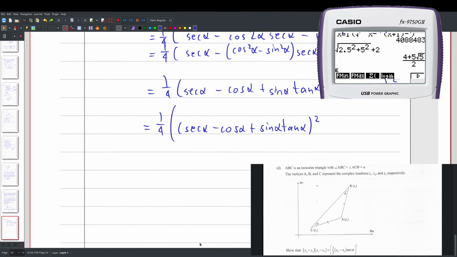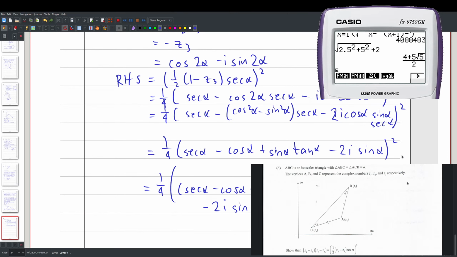So you go minus 2 sine alpha squared, right? And then minus 2I sine alpha sec alpha minus cos alpha plus sine alpha tan alpha.